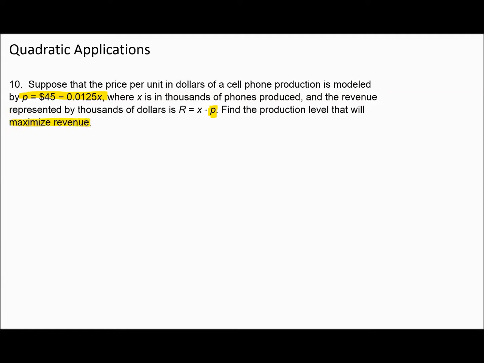And remember, all that really means is if you have a quadratic equation, you find the maximum or the minimum. In this case, we'd find the maximum. Okay, we could do this. First of all, it's asking about revenue. So how do we find revenue? Well, revenue is x times P. And P is 45 minus 0.0125x.